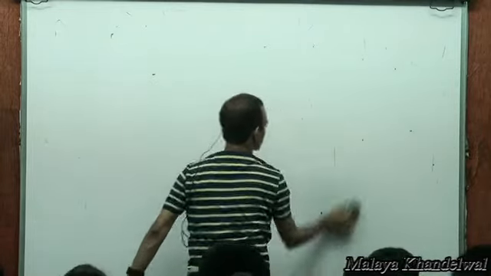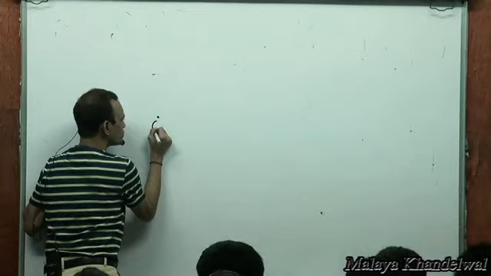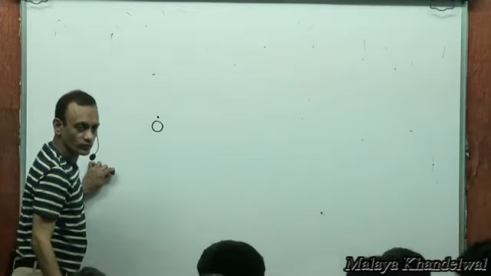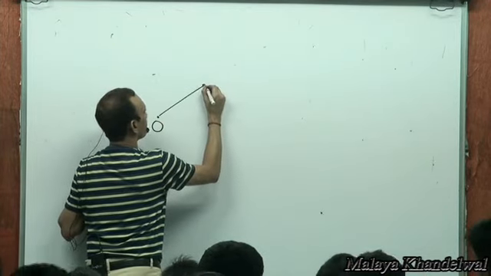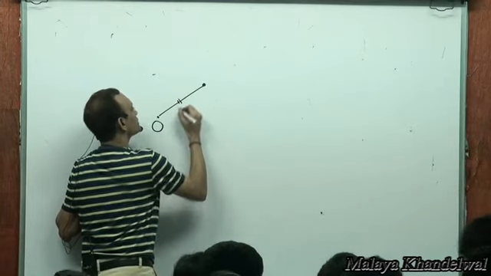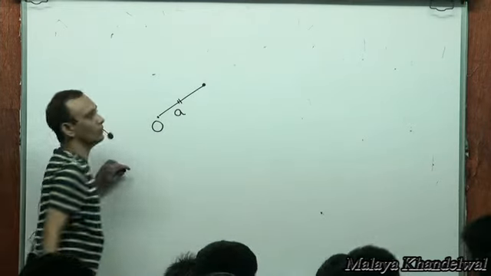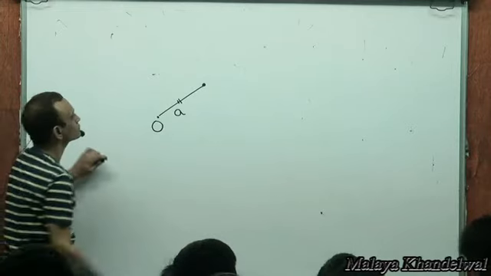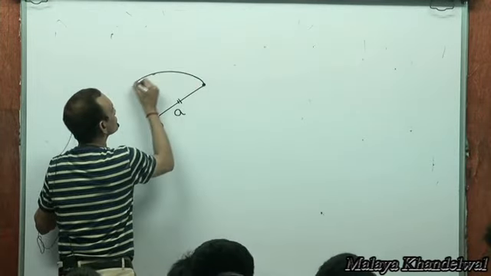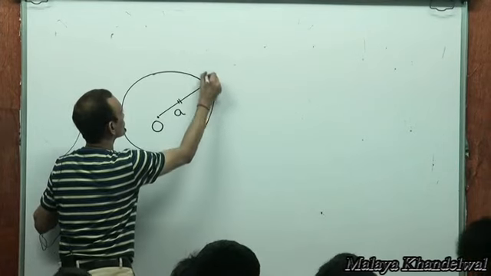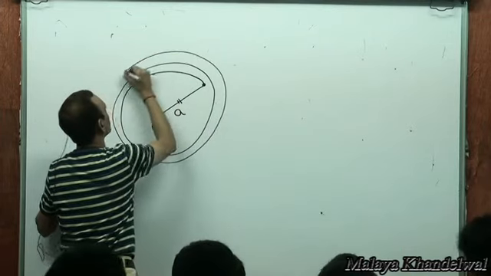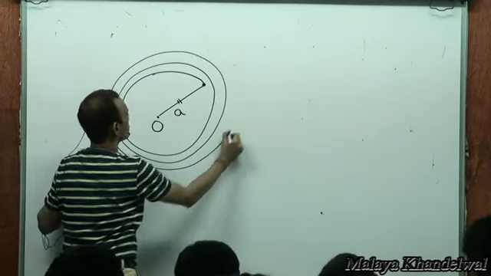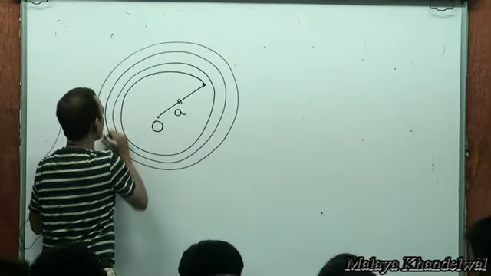N turns, this was O, the center of a loop. All right. This was a point at a distance small a from O. And these were closely wound loops, but they affected the total radius.